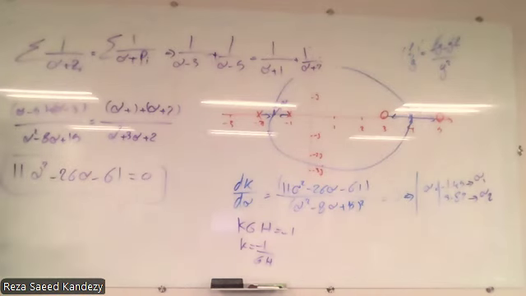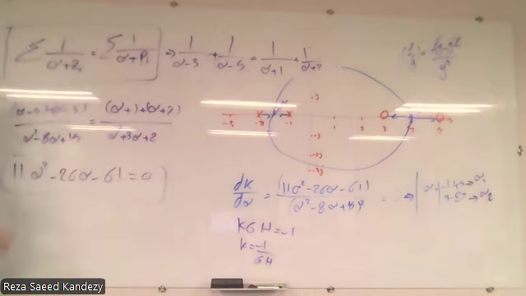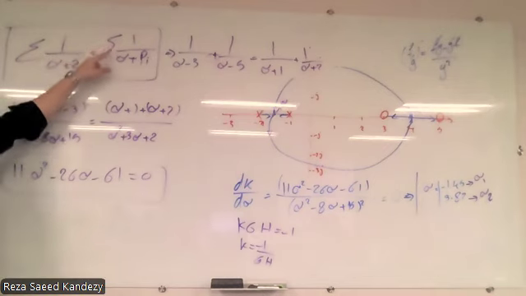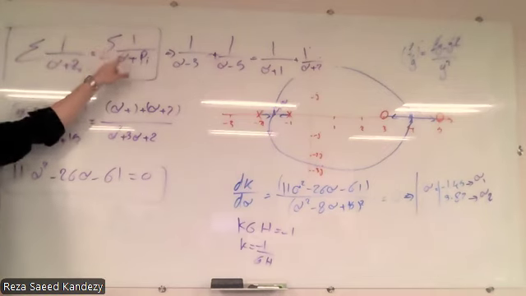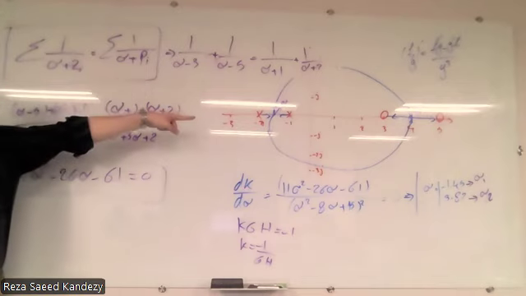That was the mathematically sophisticated way. Now the shortcut is you can have this formula, which is the summation of 1 over delta plus zi, where zi is the minus value of the zeros, equal to the sigma of 1 over delta plus pi. The p is the minus value of the poles you see in the graph.